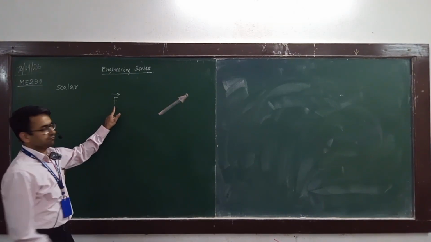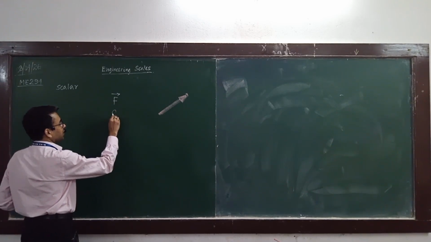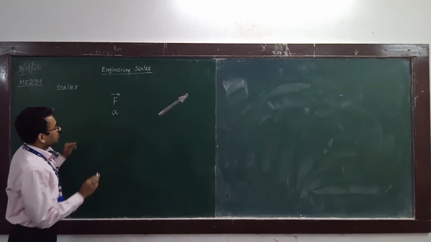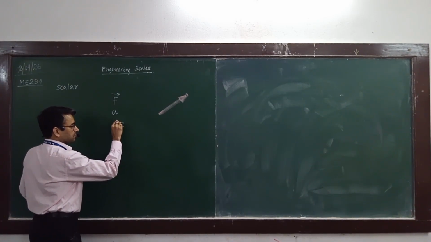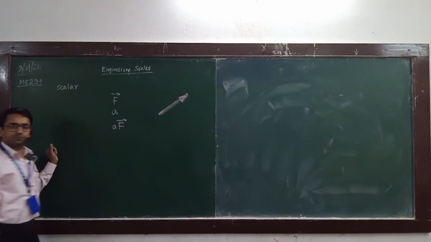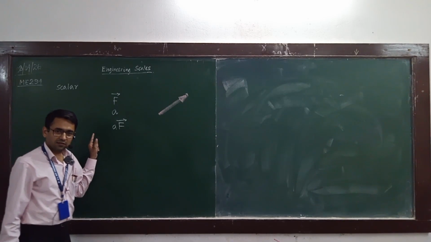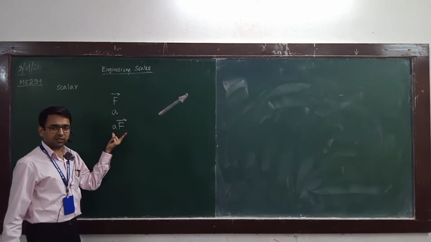This is the vector F. Now there is a scalar, say a. If I multiply a with F, we get another vector, right? When we multiply a vector with a scalar, we get another vector.